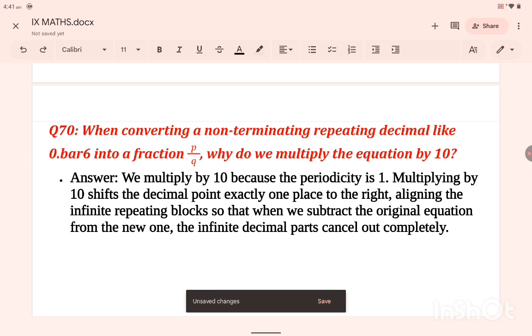Now next question, 70. When converting a non-terminating repeating decimal like 0.6 bar into a fraction p by q, we multiply the equation by 10.